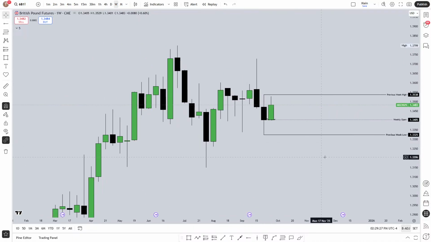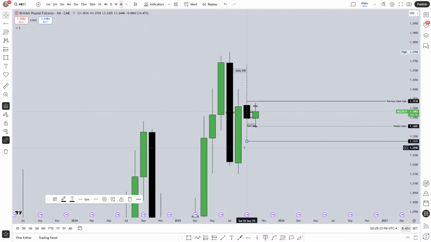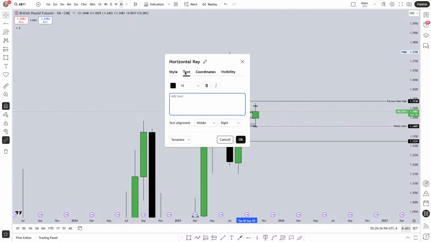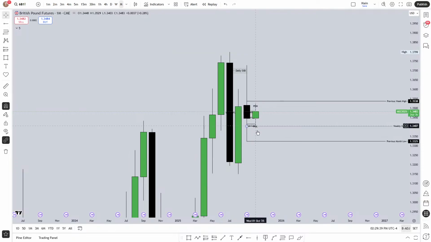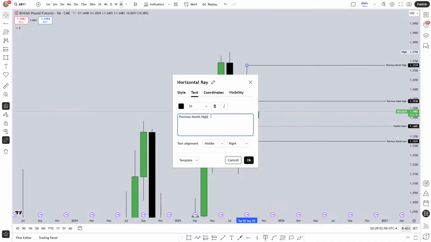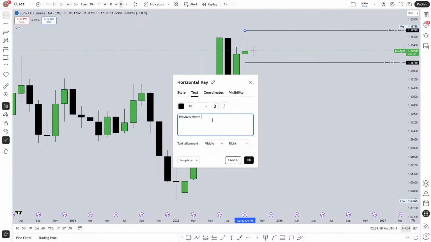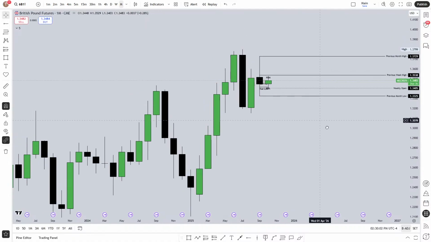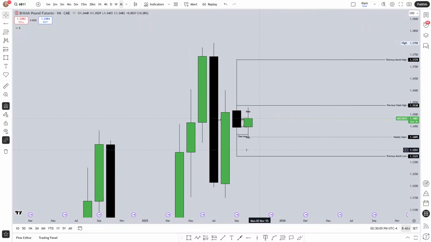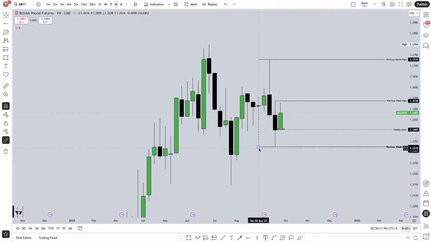Same thing on the pound. We have previous week high. Actually, let's go up to the month again. Okay, so now we can go here, look at our previous week high and low.